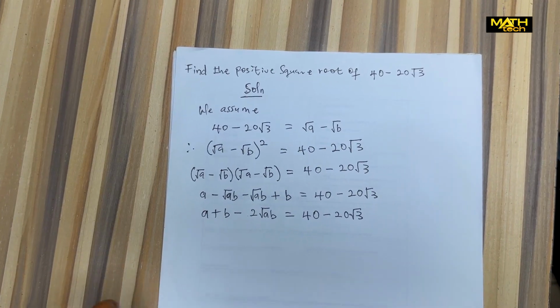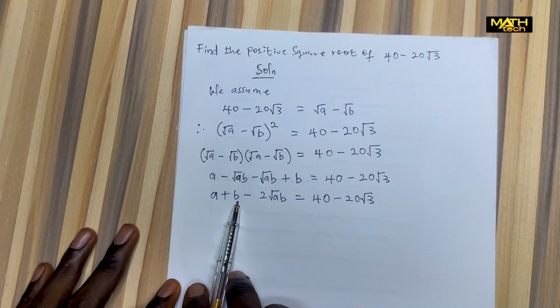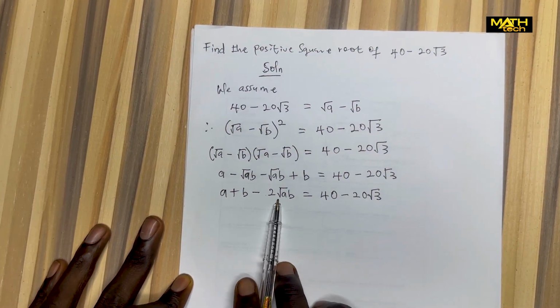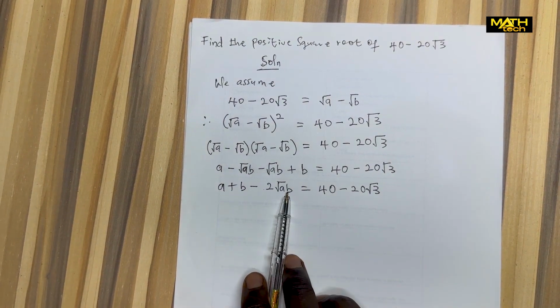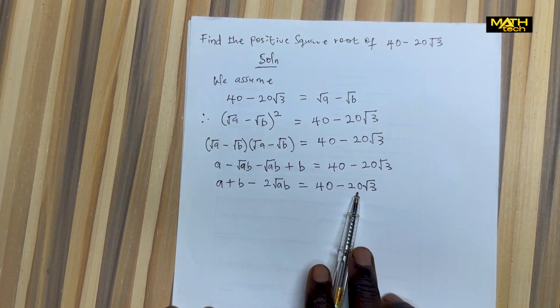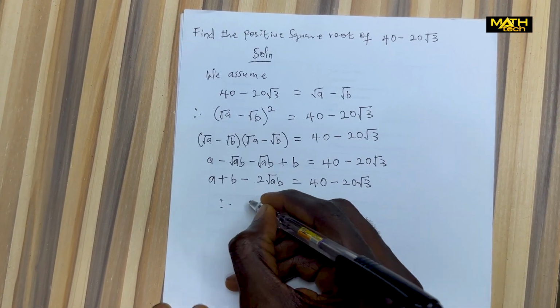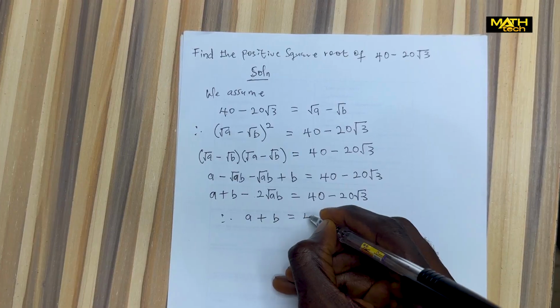So now this is what we do. We can see, from the left hand side and also from the right hand side, that a plus b can be equated to 40, and since this part has a square root, minus 2 root ab, we can also equate it to minus 20 root 3. So we say therefore a plus b equal to 40.